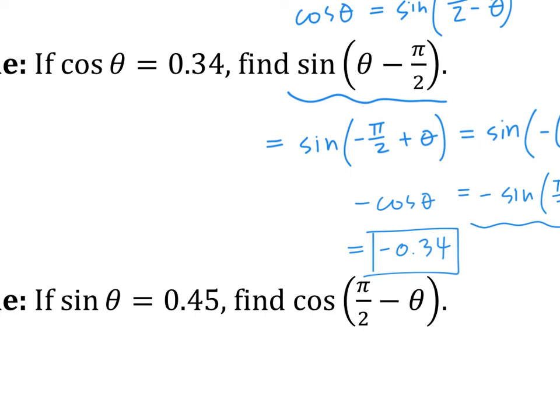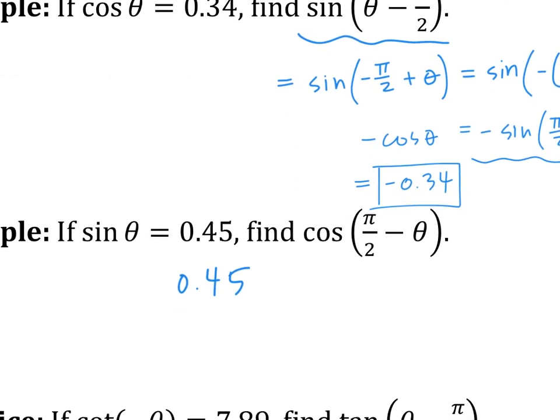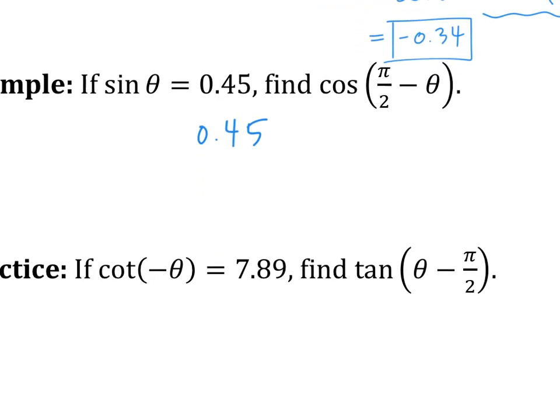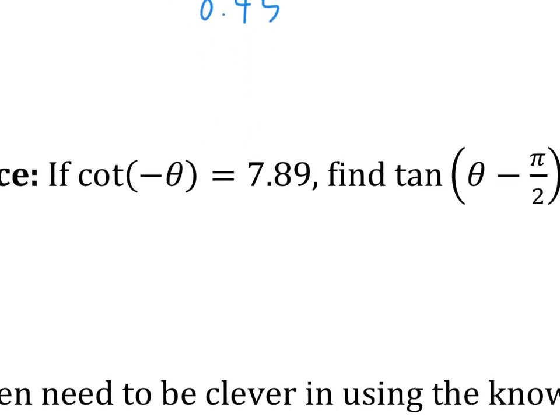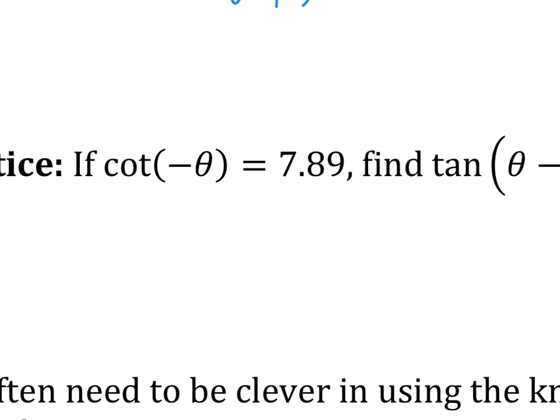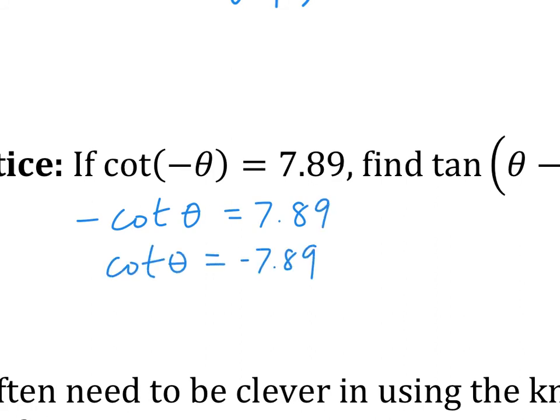What is the answer for the next one? Yeah, 0.45. It's exact substitution. Let's have you try this next one and let me know when you're done. Okay, so cotangent of negative theta is this. We know that cotangent is odd, so we can write it like this. That means cotangent theta is negative 7.89.